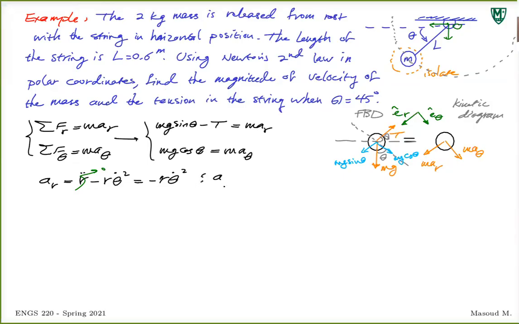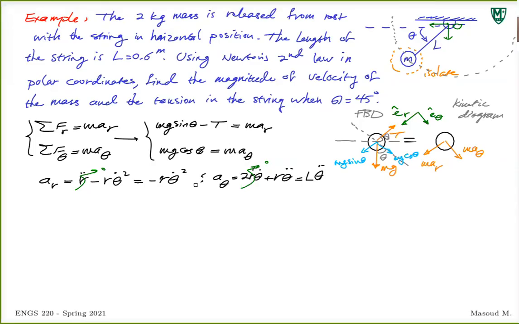And then you have a theta, which was 2 r dot theta dot plus r theta double dot. Following the same logic, r dot is 0. So this is 0. You'll get r theta double dot, so we get L theta double dot, r is L, right?